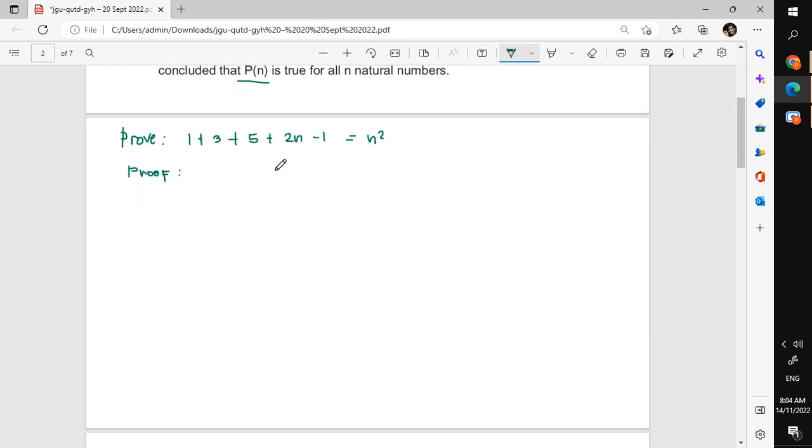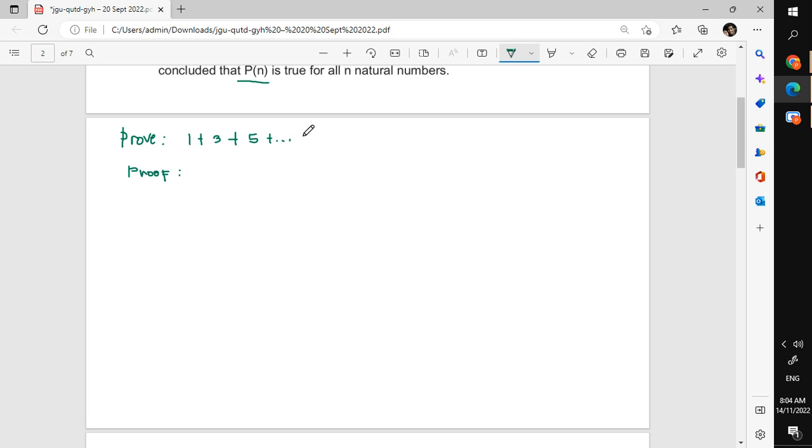Now, let's have an example. We will prove the statement P of n: 1 plus 3 plus 5 plus dot dot dot. These three dots are what we call an ellipsis. It's in here because there are more terms, but we decided not to write them down.